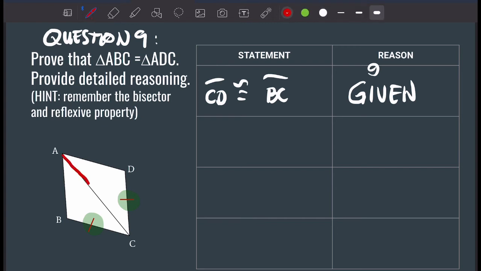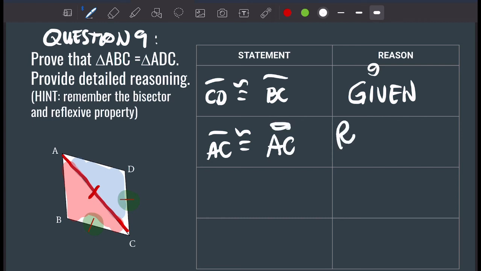Look at this. Okay? So we have one triangle here. And we have another triangle here. So what is line AC? It is a shared side. So it is congruent. So line AC is congruent to line AC.